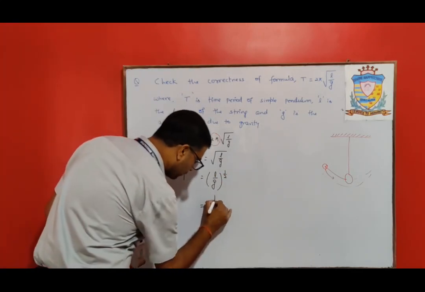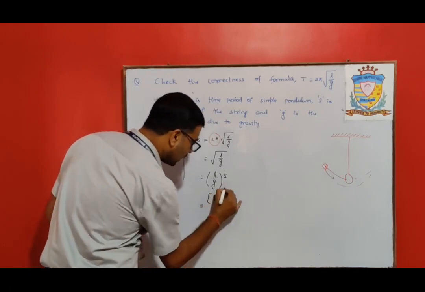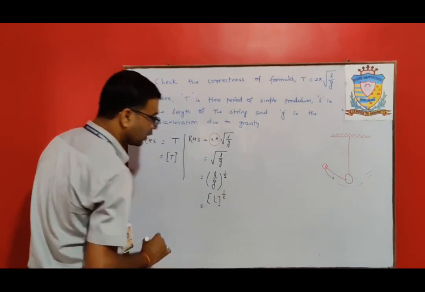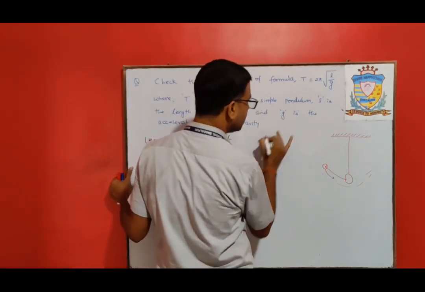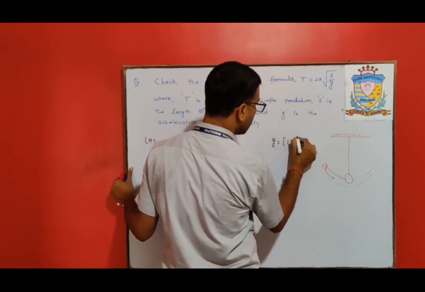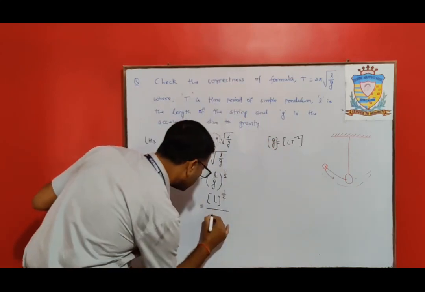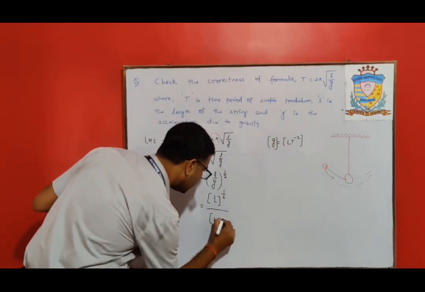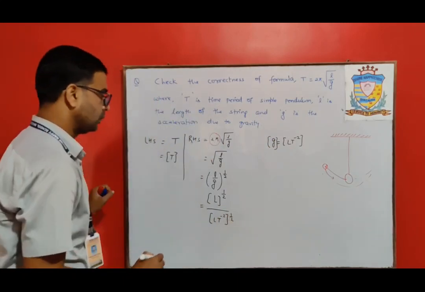The dimensional formula for length is capital L, with the power 1 by 2, and for acceleration we have the dimensional formula LT minus 2, whole to the power 1 by 2.